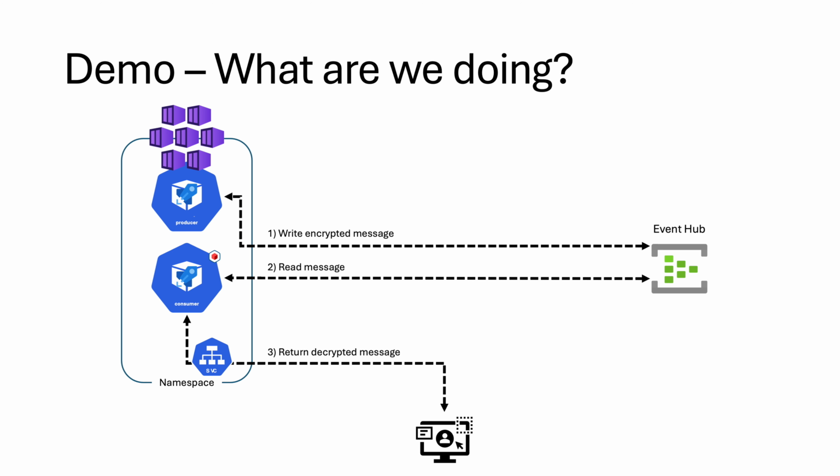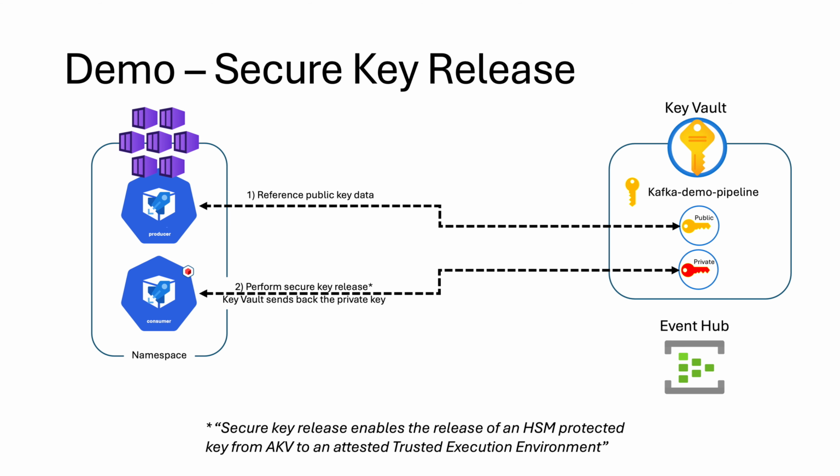So what are we going to be doing? We're basically going to be sending an encrypted message to an event hub, and then we're going to read it and return it to a browser. And we're going to return it in its decrypted form, of course. But to do this, we're actually going to be using the secure key release mechanism.